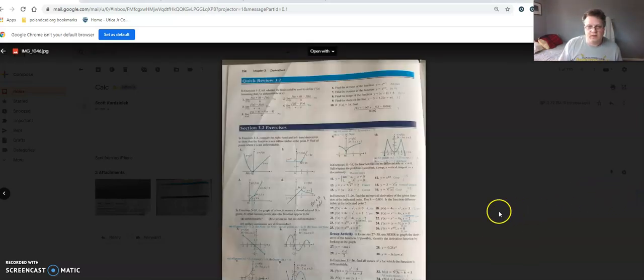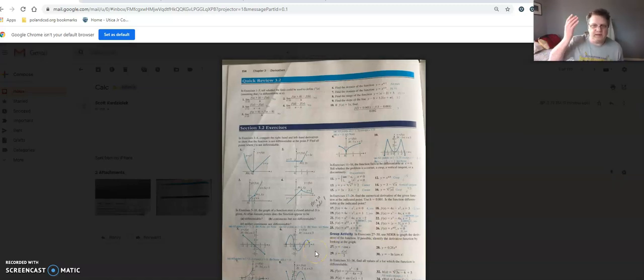And then on this page here, page 114, I hope you can see it. Like I said, if you can't see it, you guys got to get your books. We're doing page 114, number 5 through 10, identifying if it's differentiable, continuous but not differentiable, or neither continuous nor differentiable.